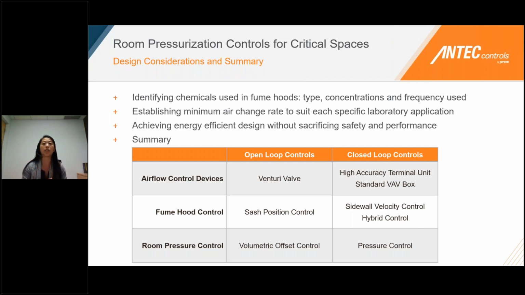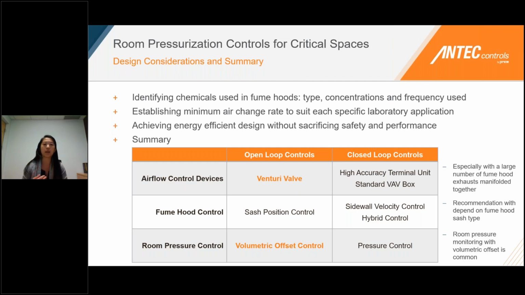So a Venturi valve can still be used with sidewall velocity control in a space with pressure control. So you can mix and match. This table doesn't define when you should use each application. It just defines how these devices work on a fundamental level, just how their technologies work.